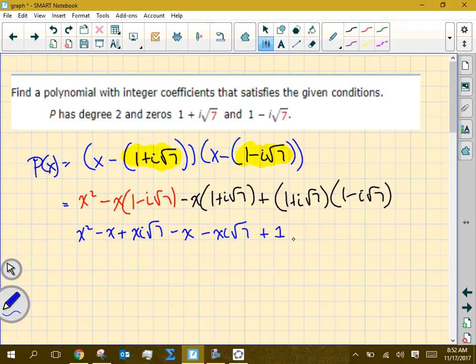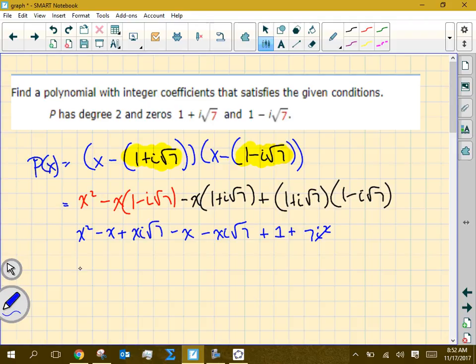Conjugates, right? So first times first gives me 1. Last times last gives me negative radical 7 times radical 7, which is what? 7, right? And then i times i is i squared, which is negative 1, so it changes that negative 7 to a positive 7.